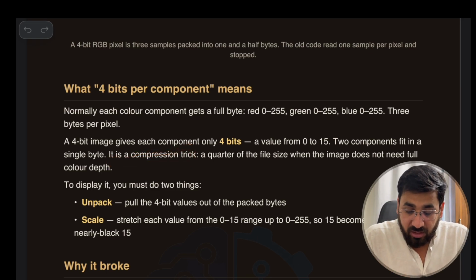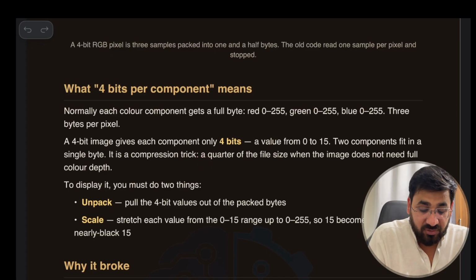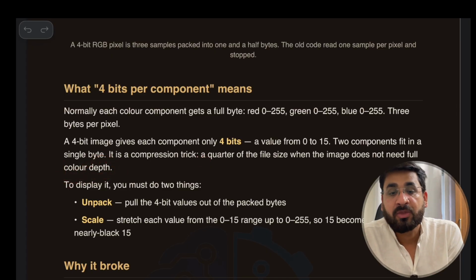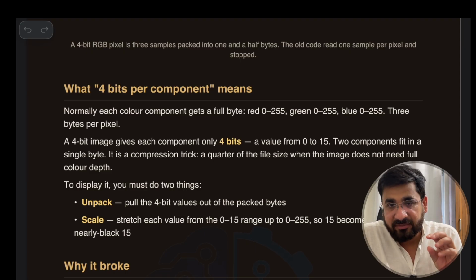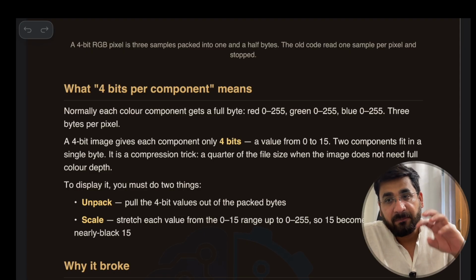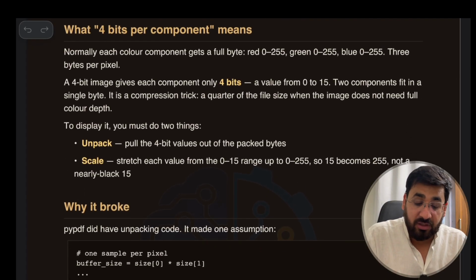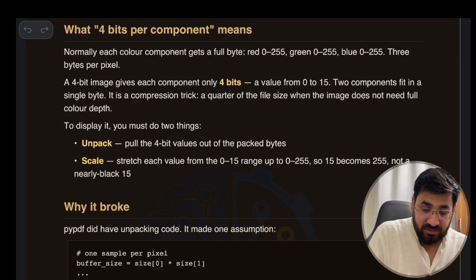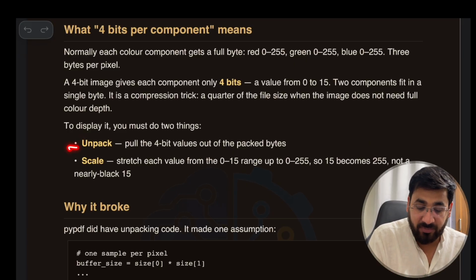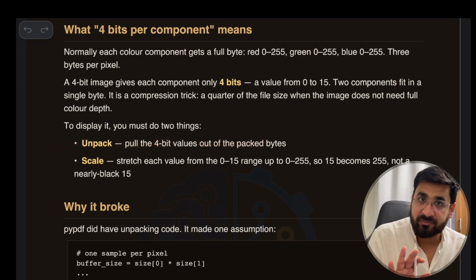Okay, a quarter of the file size when the image does not need full color depth. So when this kind of data is there, it compresses the file. To display it, it needs to do the opposite of that. If it is packed, then you have to unpack, pulling the 4-bit value out of the packed byte, right?